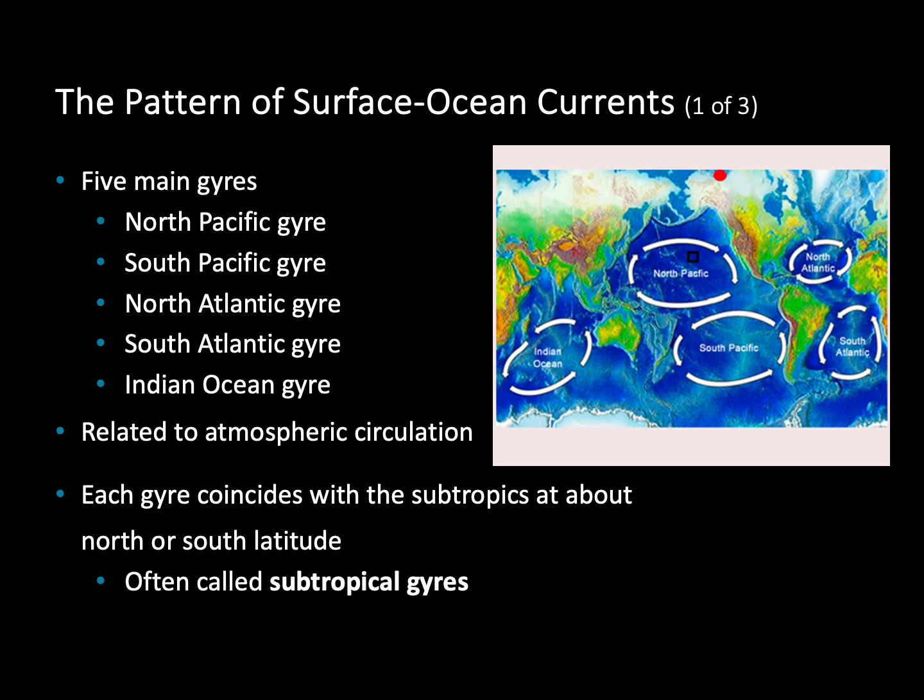You'll notice that the equator, the middle of our planet, doesn't cut through any of these gyres. Instead, they either form above it in the North Pacific or the North Atlantic, or beneath the equator in the South Pacific, South Atlantic, or Indian Oceans. So because these are found in our subtropics, they're sometimes called subtropical gyres. Here, we just want to know that it's basically a giant circle of flowing ocean water.